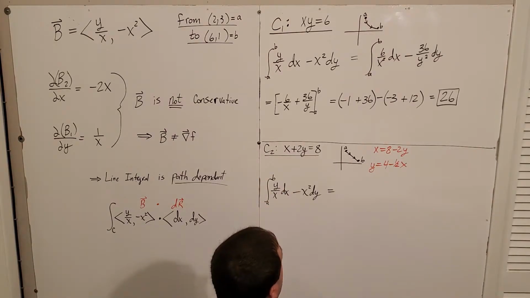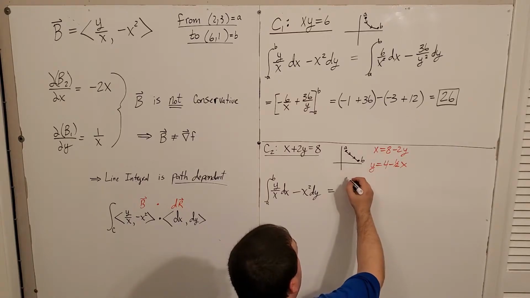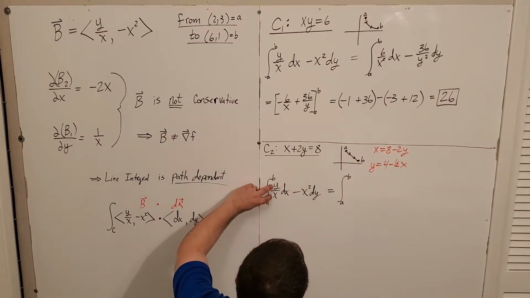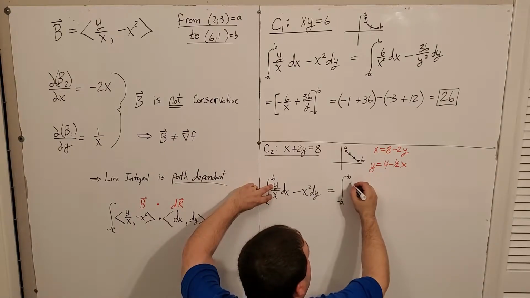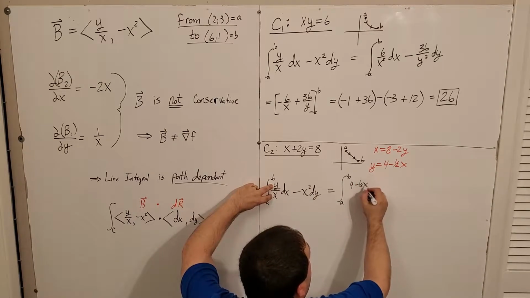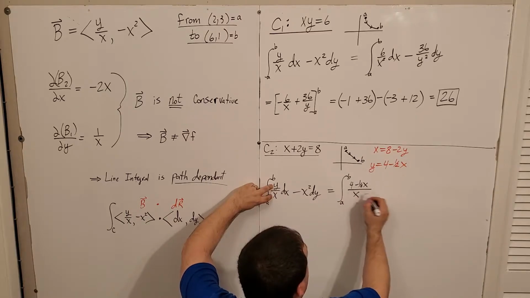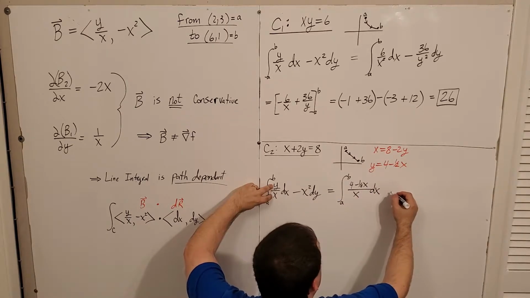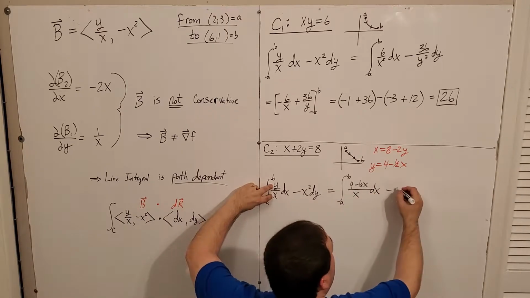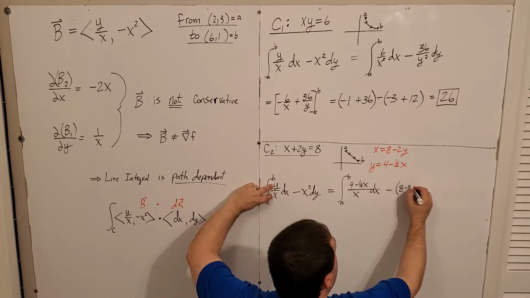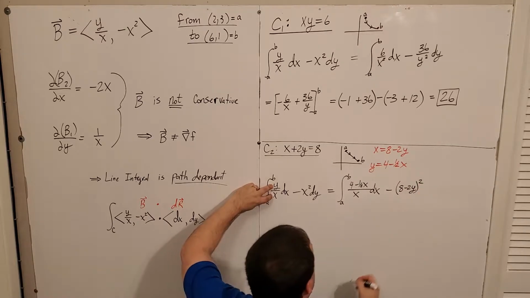Okay. So then my integral from a to b, y over x is going to be 4 minus 1/2 x over x dx minus x squared. So that's 8 minus 2y squared dy.